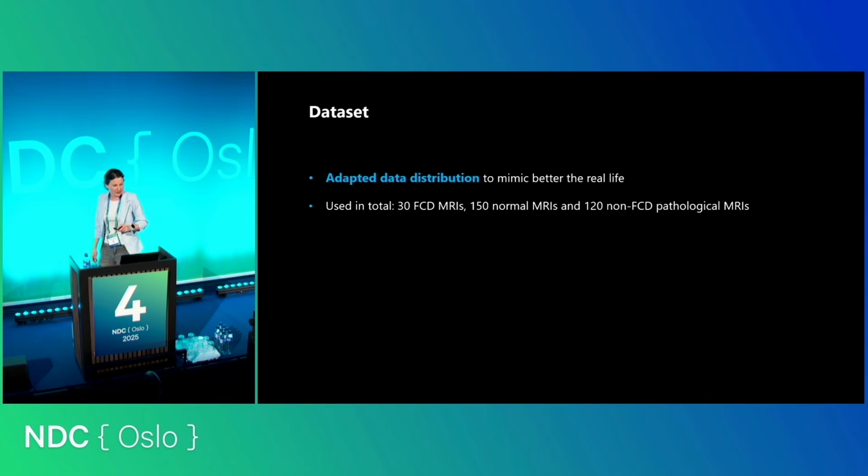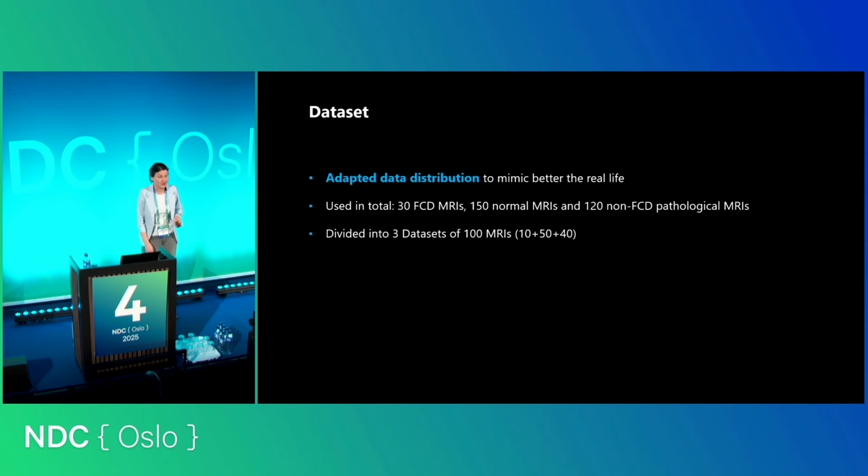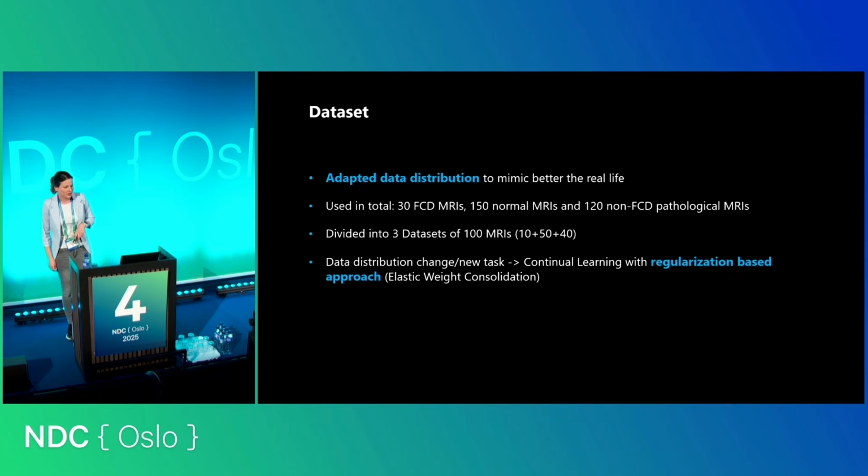So we had 30 MRIs with FCDs, 150 normal, and 120 with pathologies other than FCDs. And we divided it into 3 separate data sets. And let's take a look at which of the continual learning methods we used.